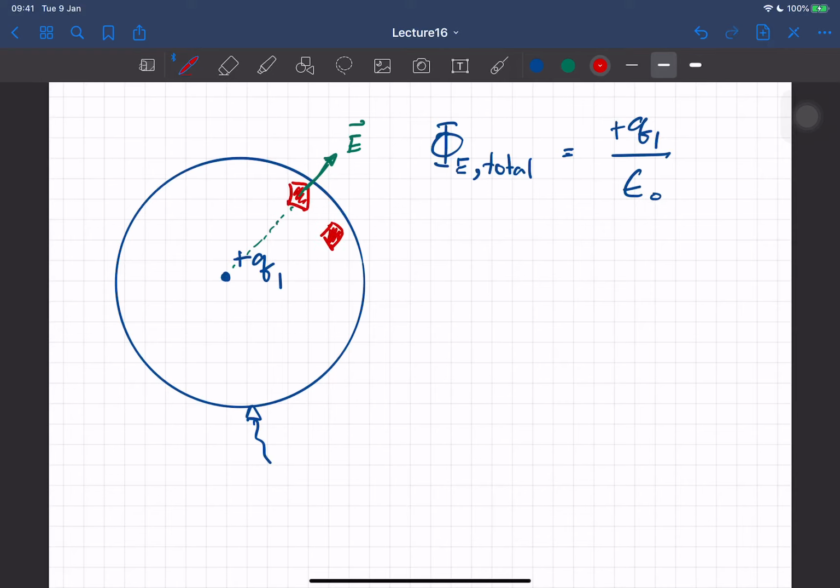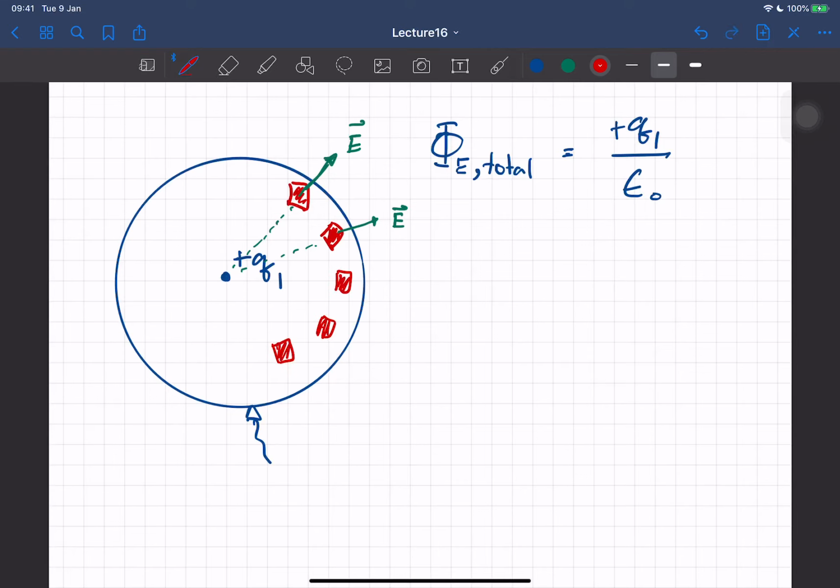So we need to keep working. We need to pick another surface, and then we need to see, okay, what is the electric field here? And then what is the area here? So electric field times this area, that's going to give you the flux through this small area. And still, that's not the end, right? Because we still have a lot of area to calculate.